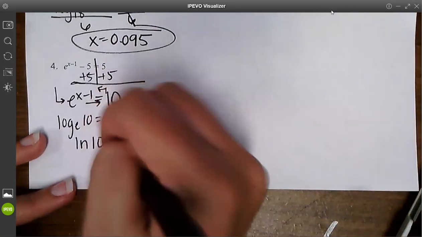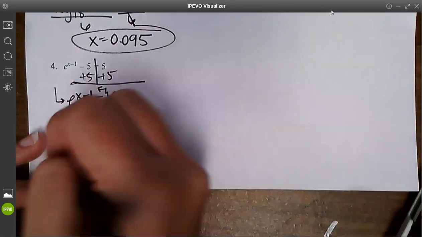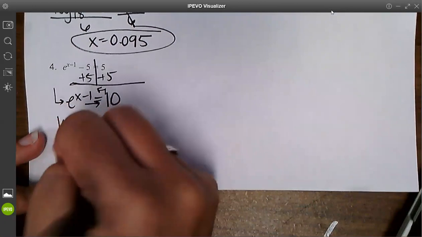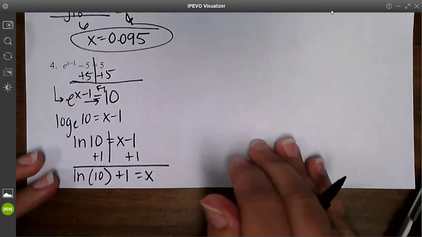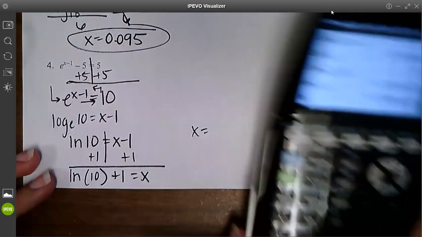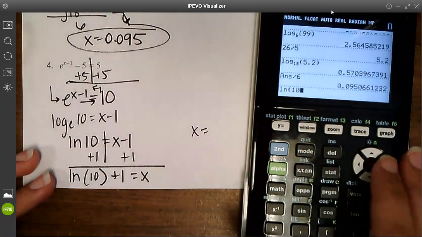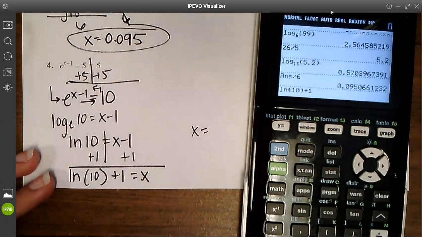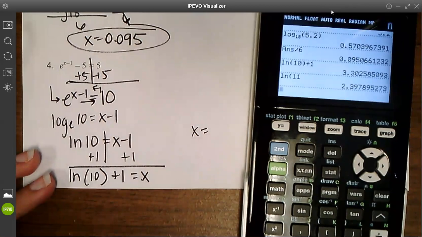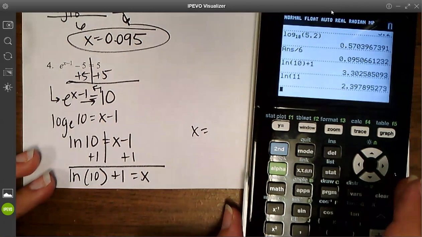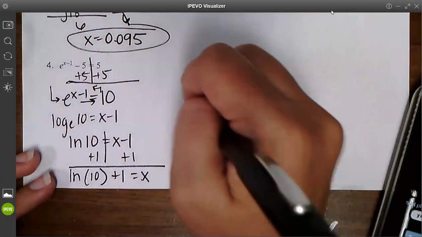Then I'm adding that 1 to both sides. Be careful, the natural log of 10 plus 1 equals x, not the natural log of 11. So when you plug that in your calculator, you're saying the natural log of 10 in your parentheses and then add 1. That is very different than the natural log of 11. See the difference there? So we have 3.303.